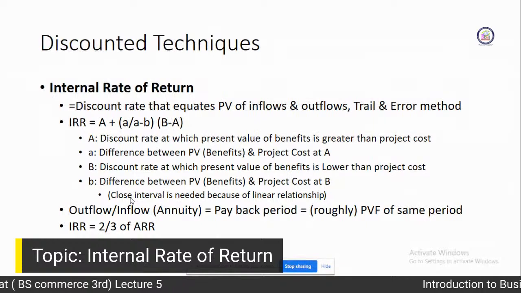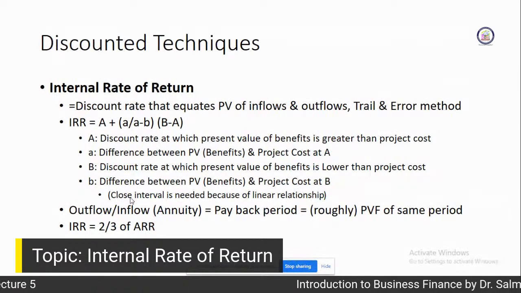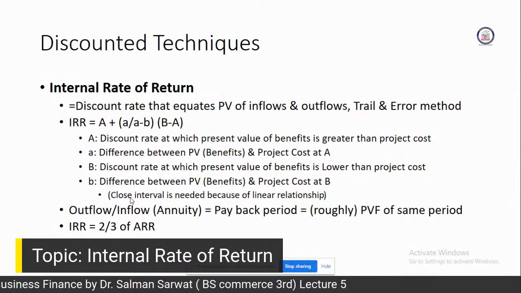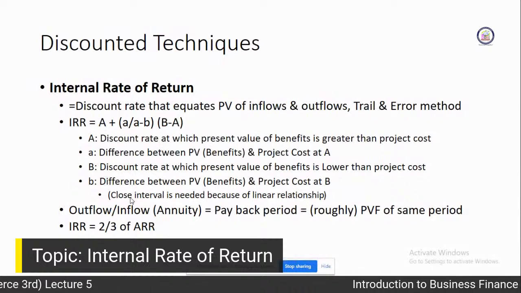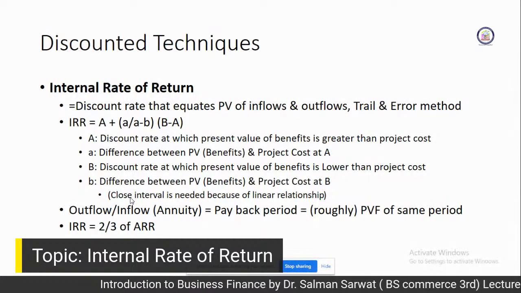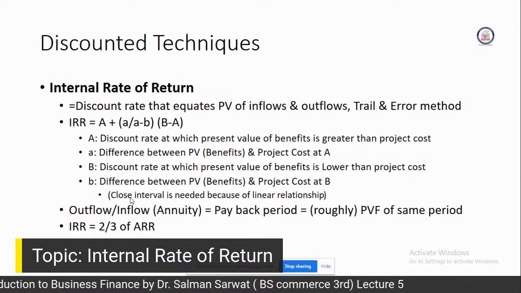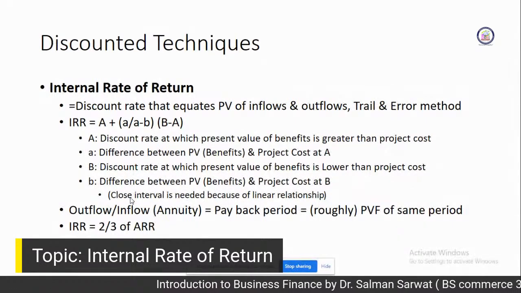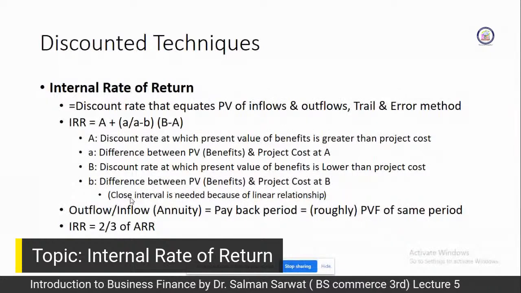But the future cash flows from the inflows will be converted into present value. And if we apply such a rate which makes the present value of all the cash flows equal to the present value of the cash outflows, that rate is called internal rate of return.